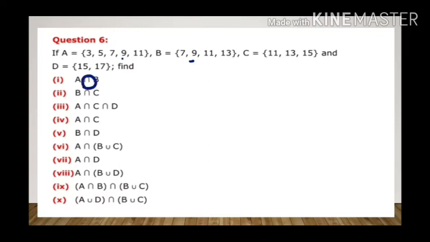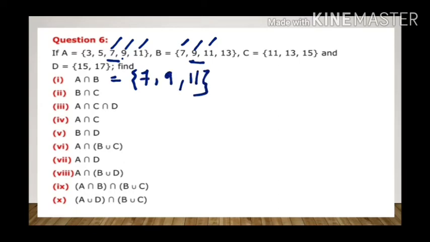This operator, intersection, means the common part of two sets. If you look at the A set and B set, the common part between A and B is 7, 9 and 11. Therefore A intersection B will contain 7, 9 and 11.